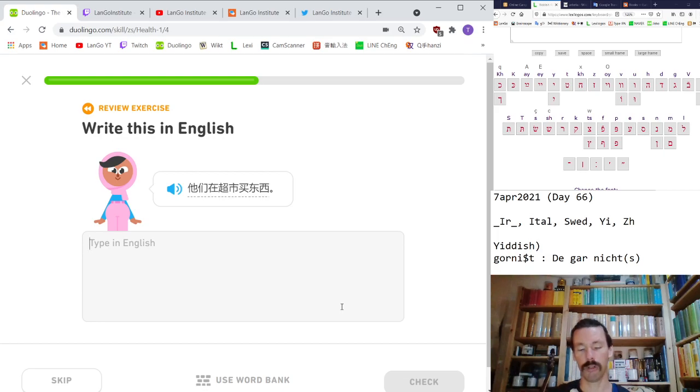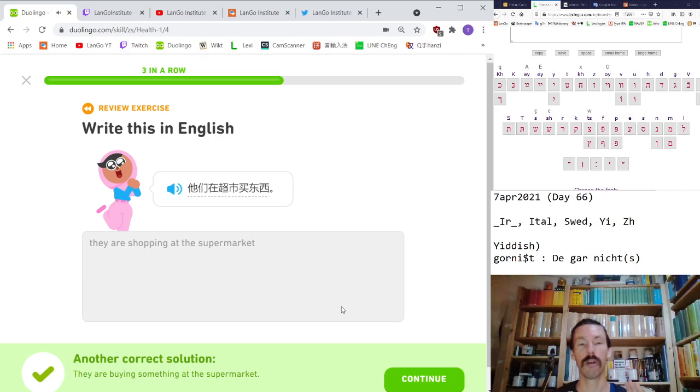Be at supermarket is the first one. They are shopping. 买东西 means buy things or go shopping. And we will use a preposition in English. They are at the supermarket. So word for word, phrase by phrase in Chinese. They be at supermarket, buy things.